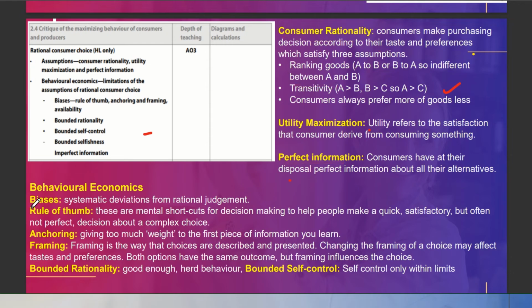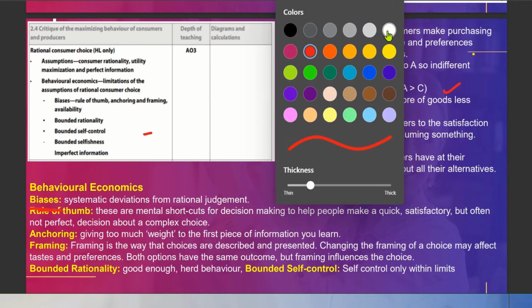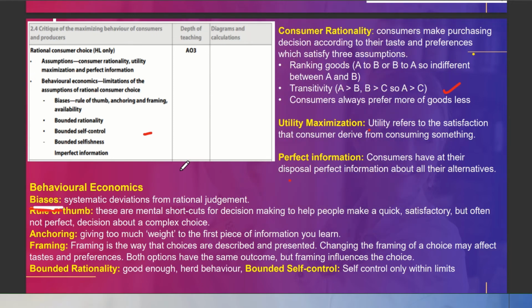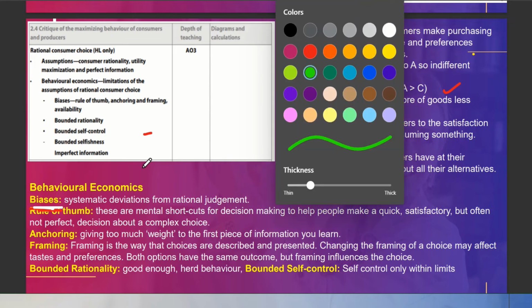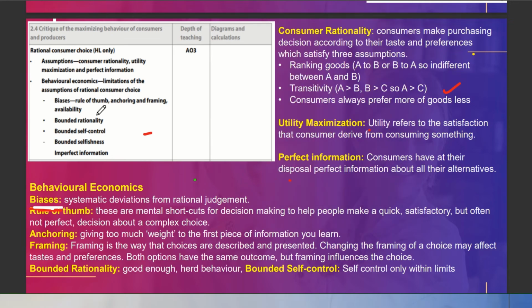See, the first one is biases. Consumers are biased, which means they behave according to rules of thumb, anchoring, framing and availability.